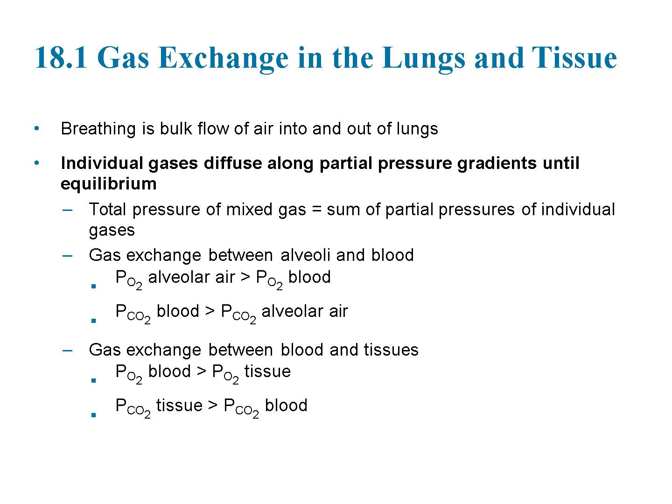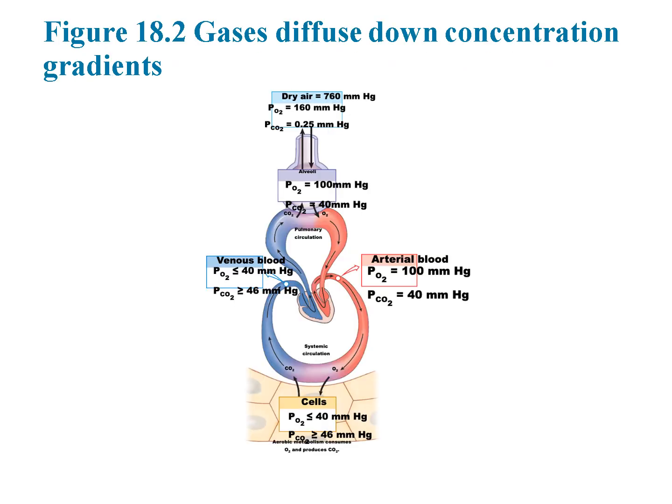Gases move throughout the body by diffusing down their concentration gradients. This process ensures that oxygen is delivered to the tissues while carbon dioxide is removed as a waste product. In dry air, the partial pressure of oxygen is about 160 millimeters of mercury, while the partial pressure of carbon dioxide is extremely low at only 0.25 millimeters of mercury.